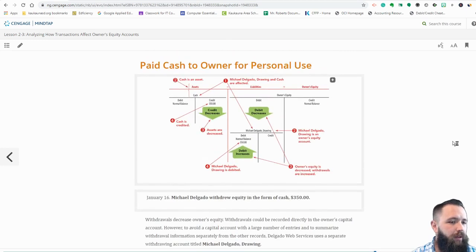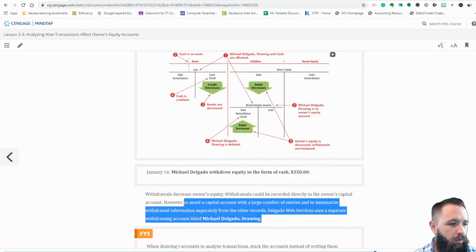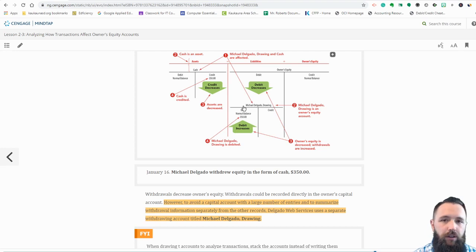All right, and now we have our drawing account. This is what we're going to call it when the owner wants to take money out of the account. We're going to call it the drawing account, so the name of the owner followed by drawing. So here, if you look at it, Michael Delgado withdrew equity in the form of cash, which means he's taking out cash, right?